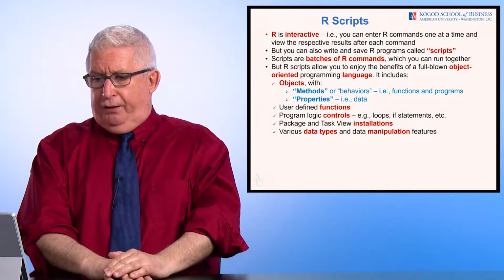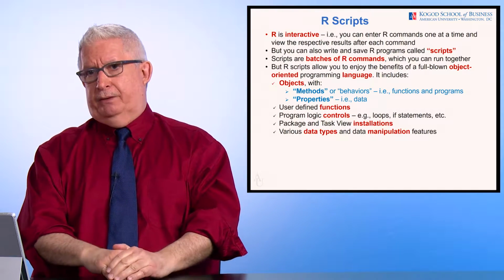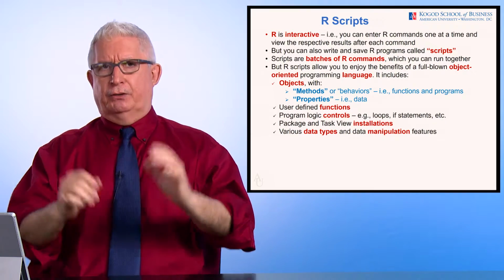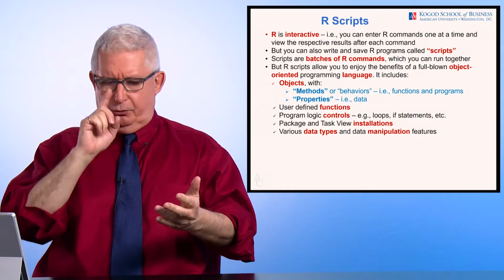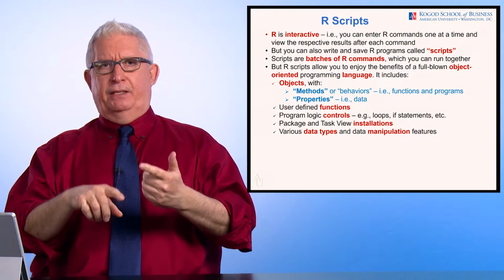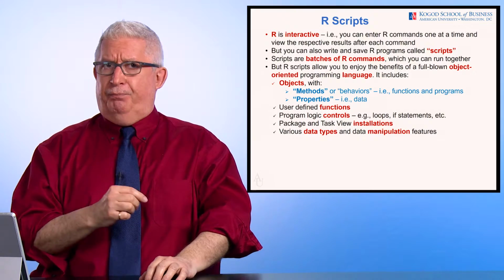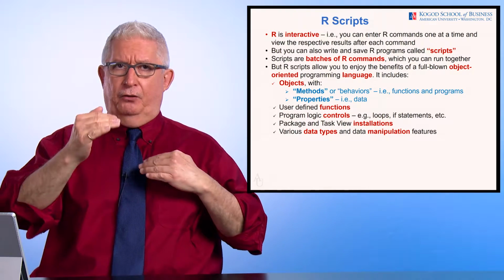In scripts, we have functions, and functions are key to libraries. Libraries are chock full of functions. There are functions to do regression models, to do trees, to do ridge regressions, to do ANOVA testing, to do all kinds of things. But you can also define your own functions. You can write scripts and create your own functions.